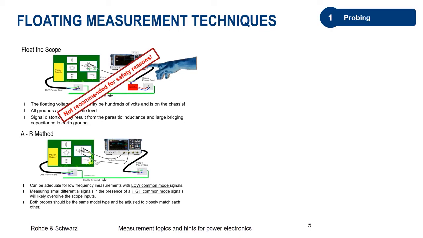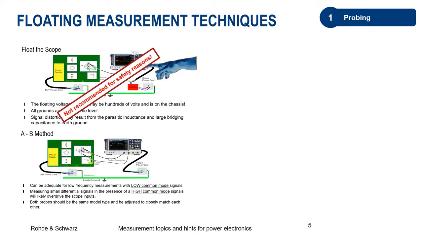The difficulty here is that this might work for low frequency measurements with low common mode signals, but as soon as the frequencies are higher, or the switching speeds are higher, or the common mode signals are higher, it doesn't work anymore. For high common mode signals, you will likely overdrive the input amplifiers, so you won't see the actual differential signal anymore.